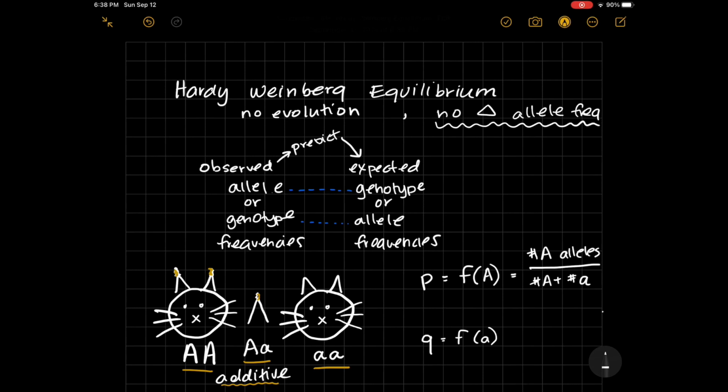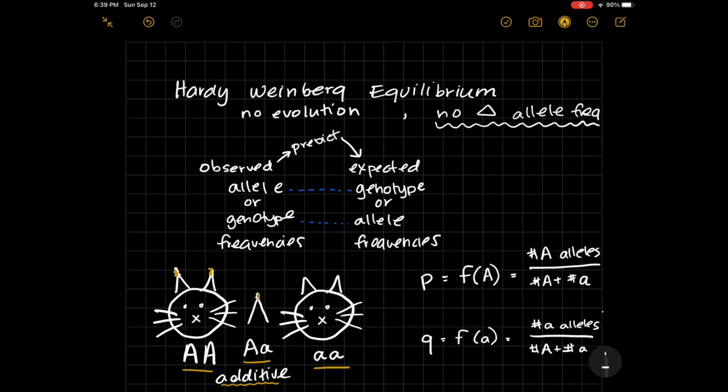Just like your number of heads over your number of heads plus tails, that's your frequency of heads in a coin flip. So the frequency of little a alleles is your number of little a alleles over your number of big A plus your number of little a, your total number of alleles here.